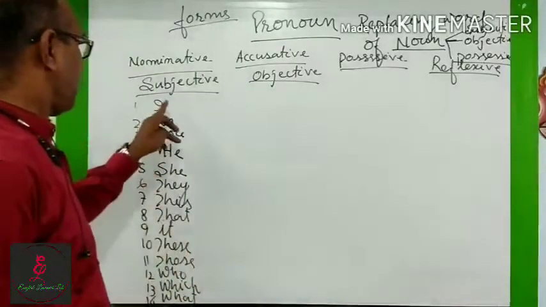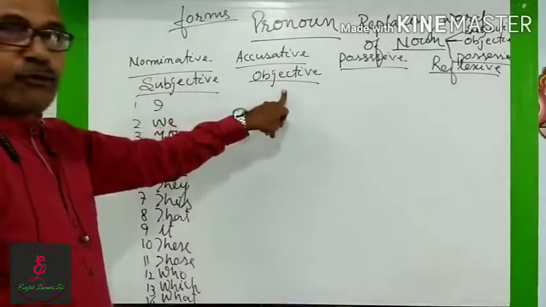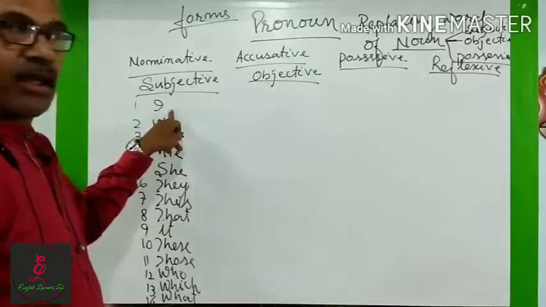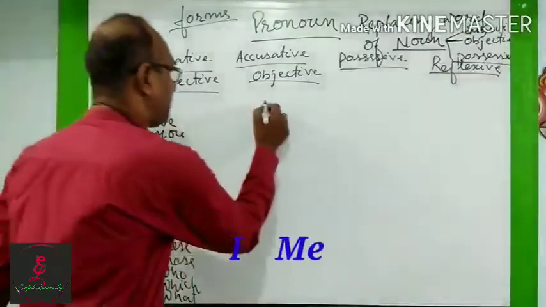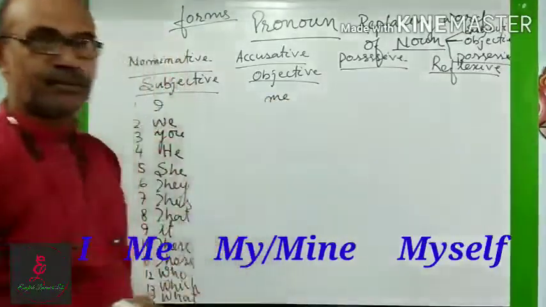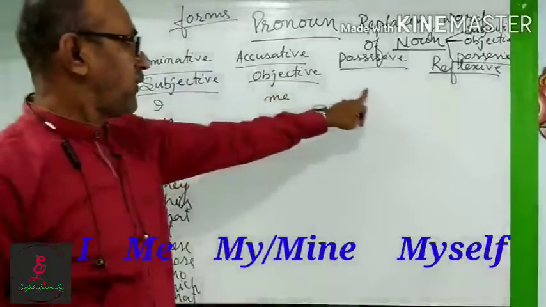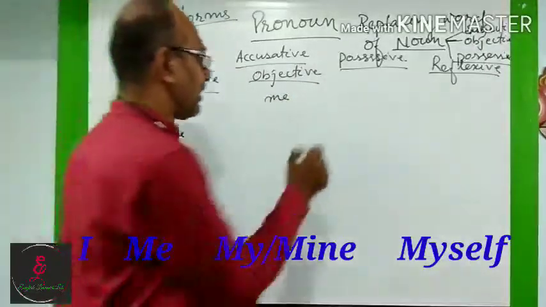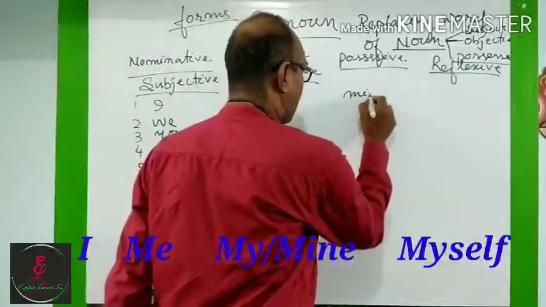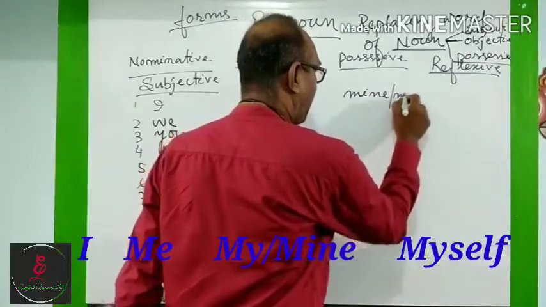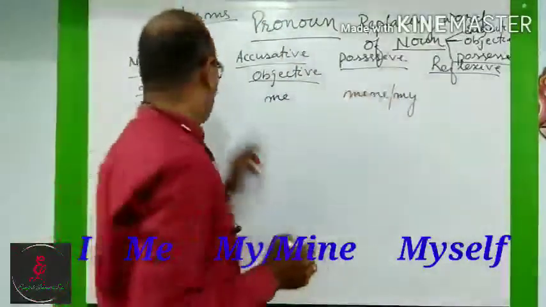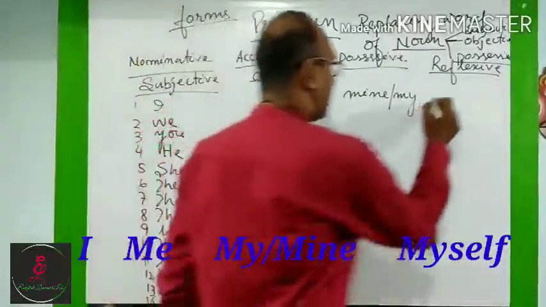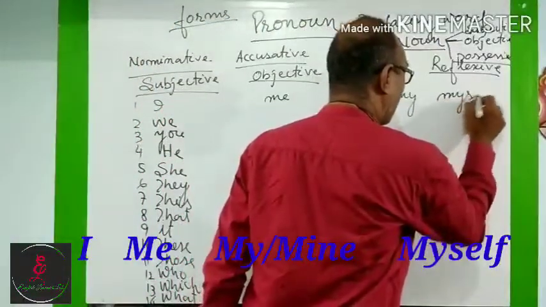So the objective form of I, as you have learnt earlier, is me. The possessive form is my or mine. The reflexive form of I is myself.